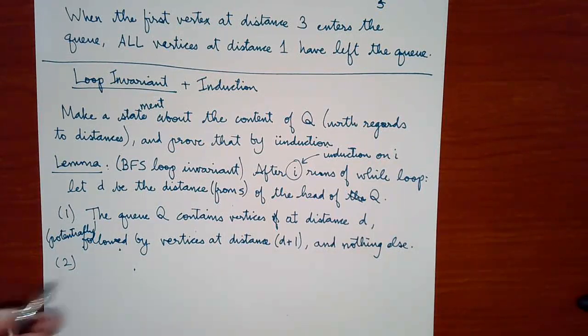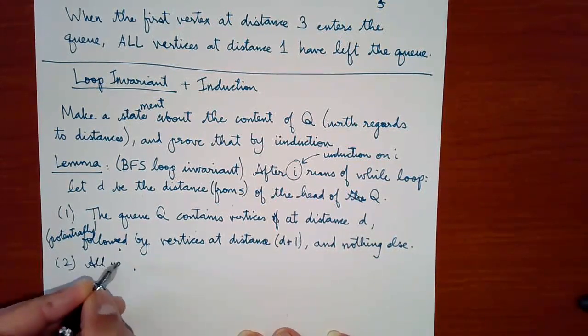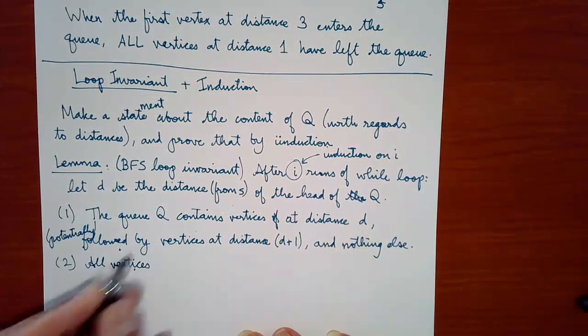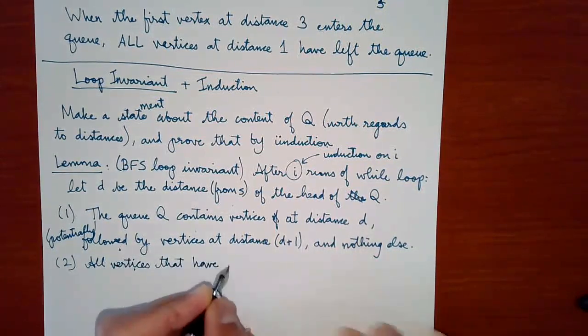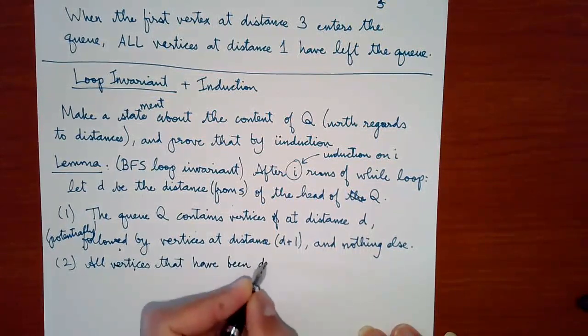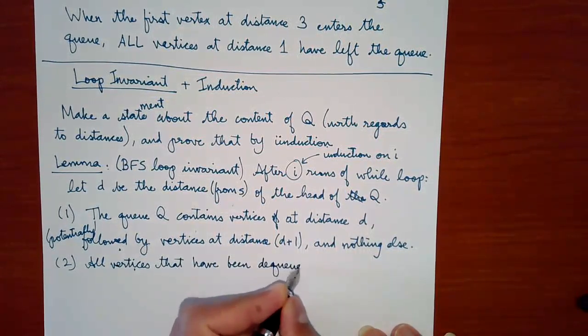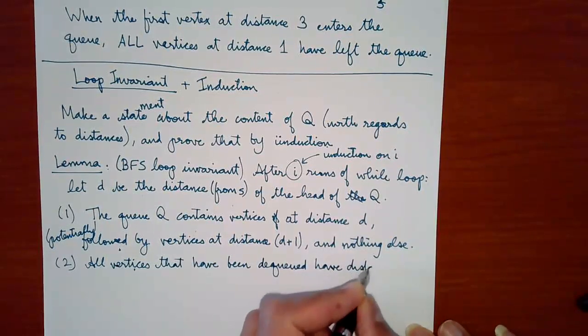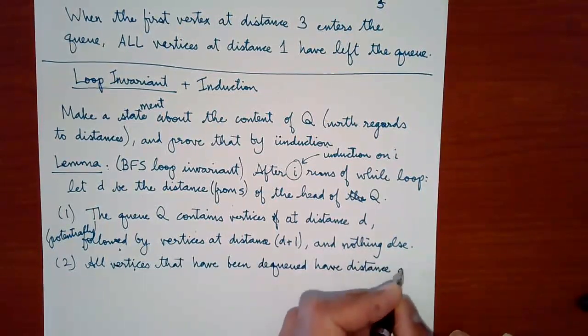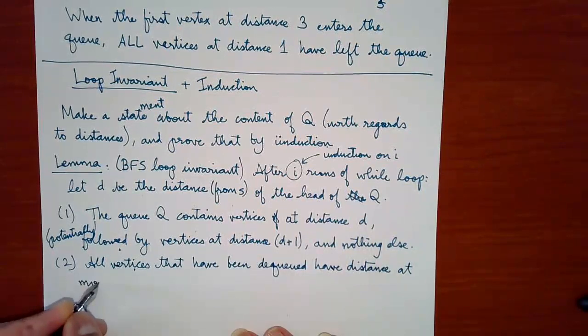Okay? Then I'm going to say all vertices that have been dequeued have a distance at most d.